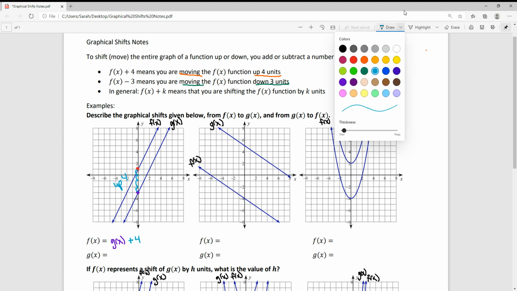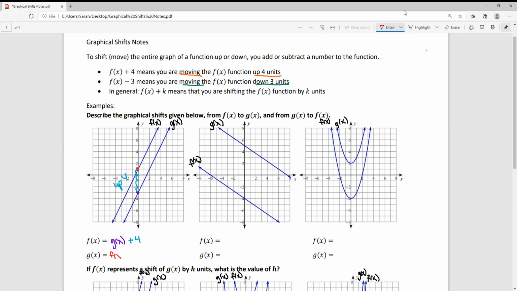If we go the other way around, we have to think opposites. If I want to think about g of x in terms of f of x, I'm going to start at my f graph and then count to my g graph. How do I move from the red dot to the purple dot?